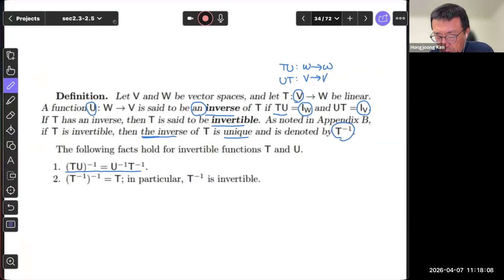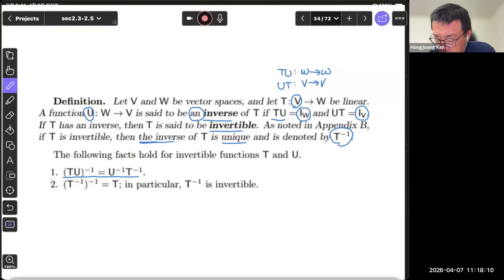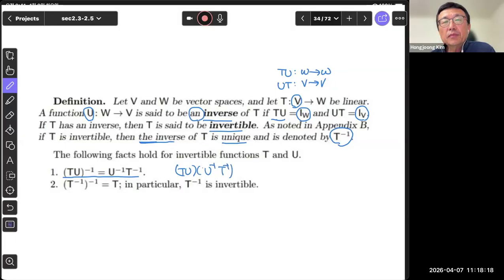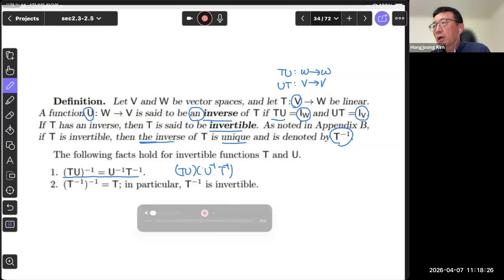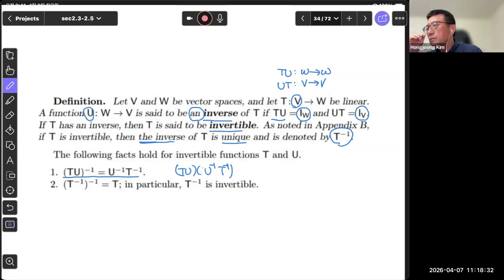Because you can multiply TU with U inverse T inverse. Then they are all functions, they are all composite functions.